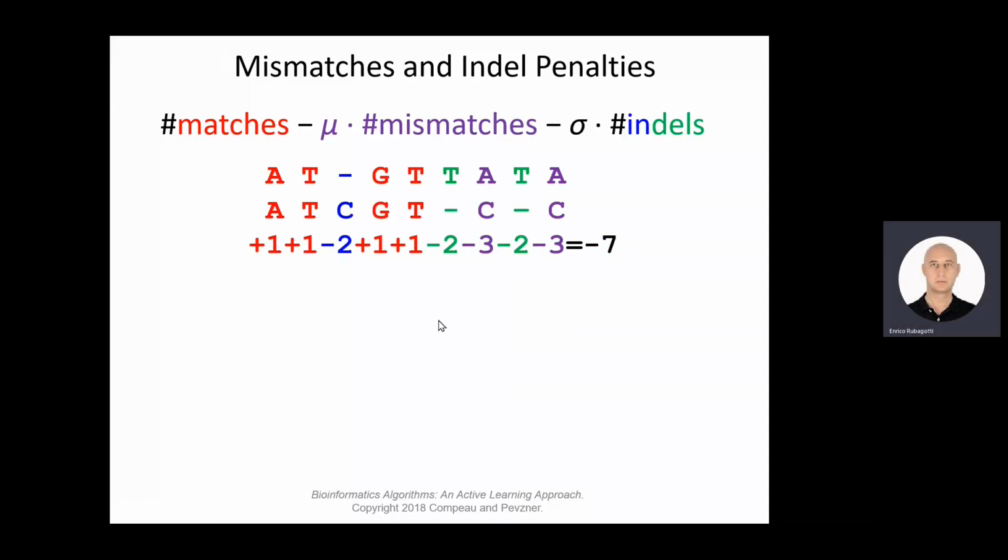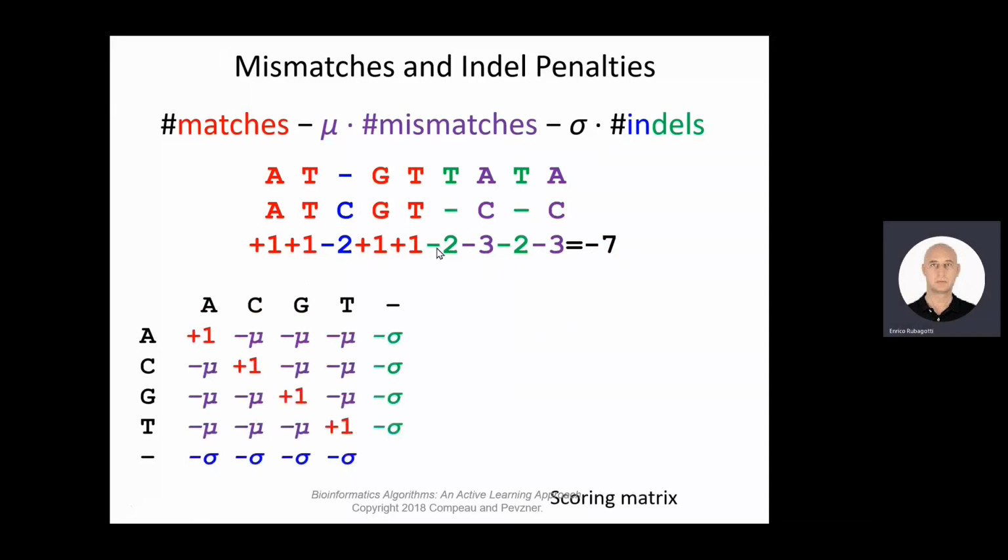A match was rewarded by 1, my apology. A mismatch by -2. And an indel by -2. My apology. A match by 1, an indel by -2, and a mismatch by -3. This is our scoring method at the moment.